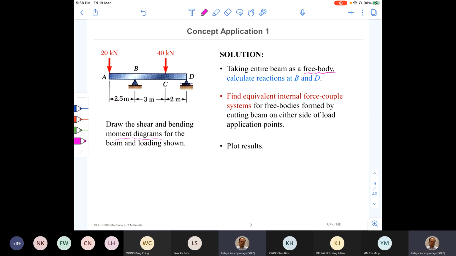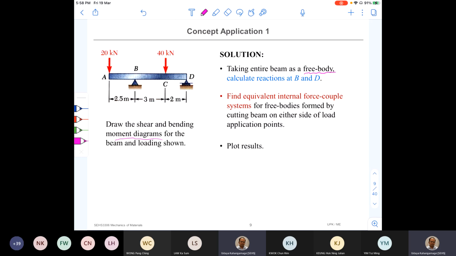Discontinuities are the points of load application. At a point of load application, there is going to be a sudden change in the bending moment diagram or shear force diagram. Here point A is a discontinuity. Point B is going to be a discontinuity once you find the reaction force. C is a discontinuity. D is also a discontinuity.